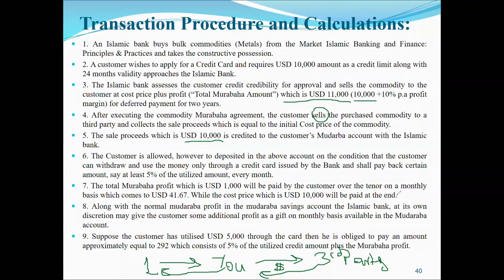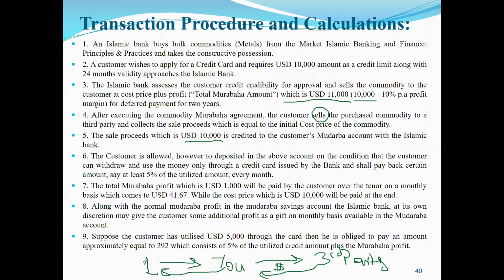It depends on the agreement, how you make the agreement with the bank, how you negotiate the periods and the cost. The cost can be negotiated as well. There is no certainty that the profit for the bank must be $1,000.